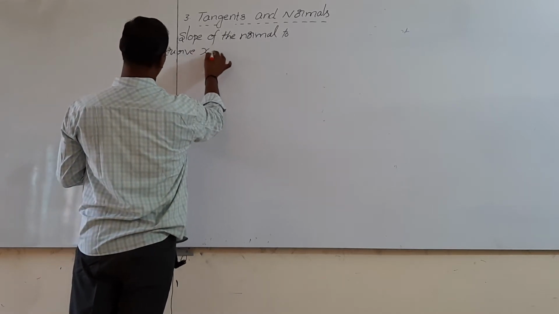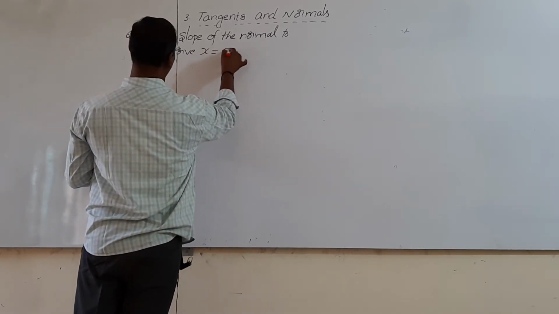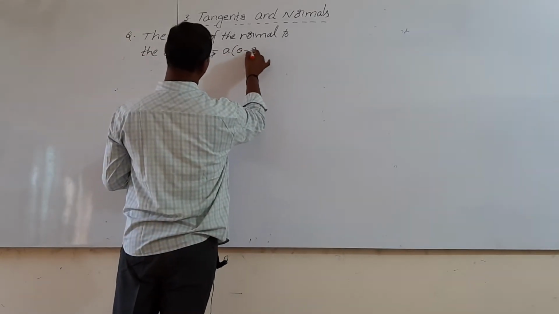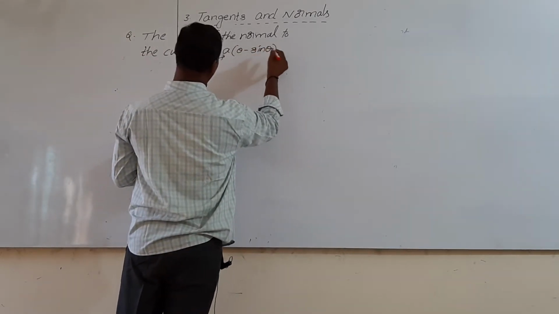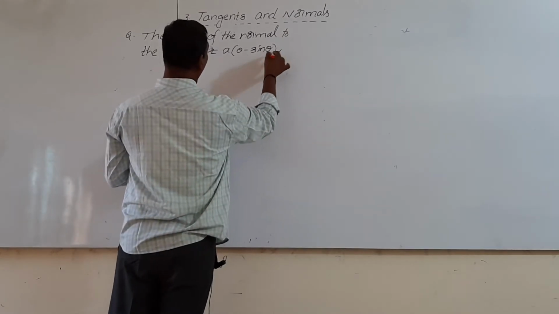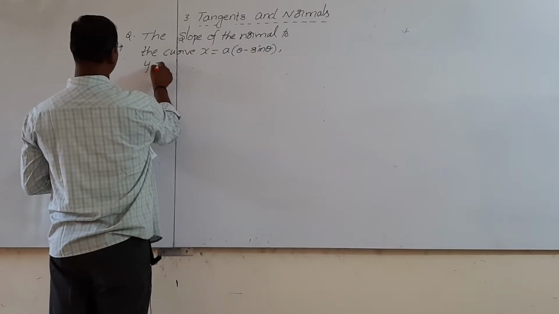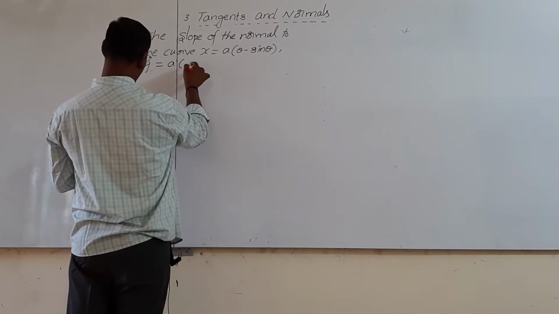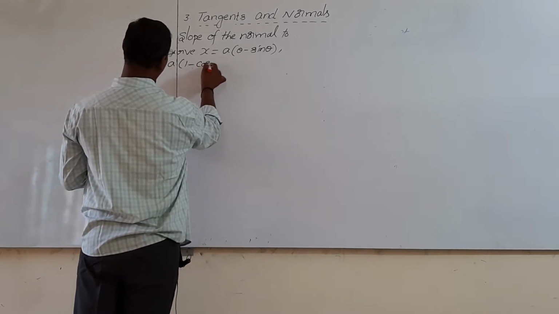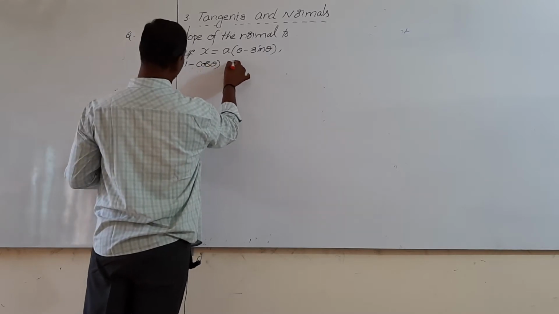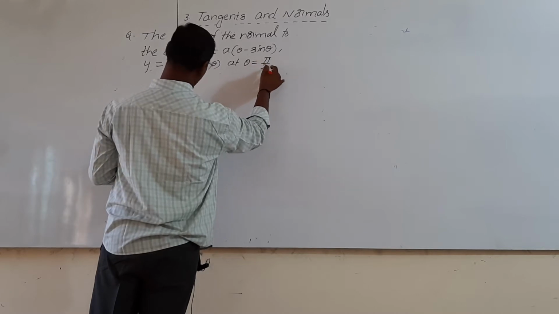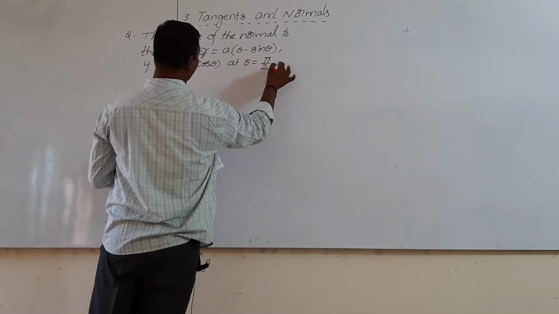x is equal to a(theta minus sin theta), y is equal to a(1 minus cos theta) at theta is equal to pi by 2 is.